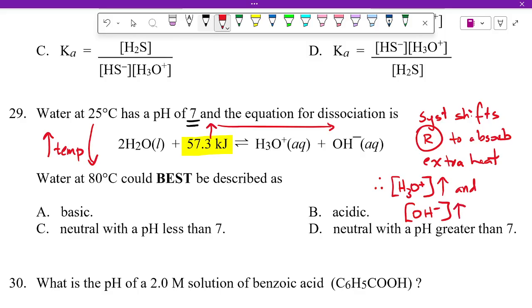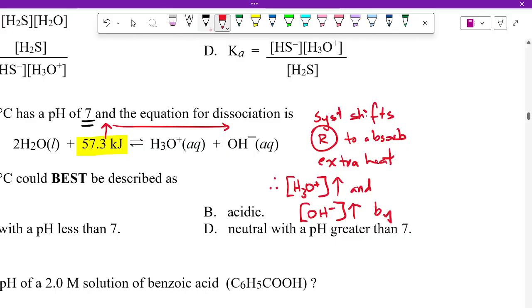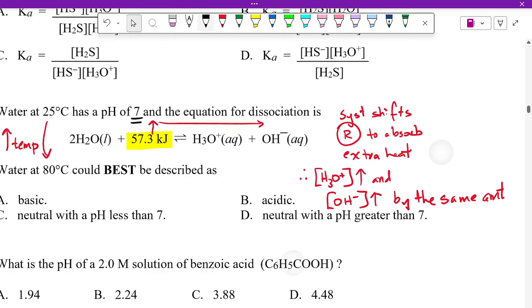Yes? So if they both increase by the same amount, are we acidic, basic, or neutral? We are neutral.